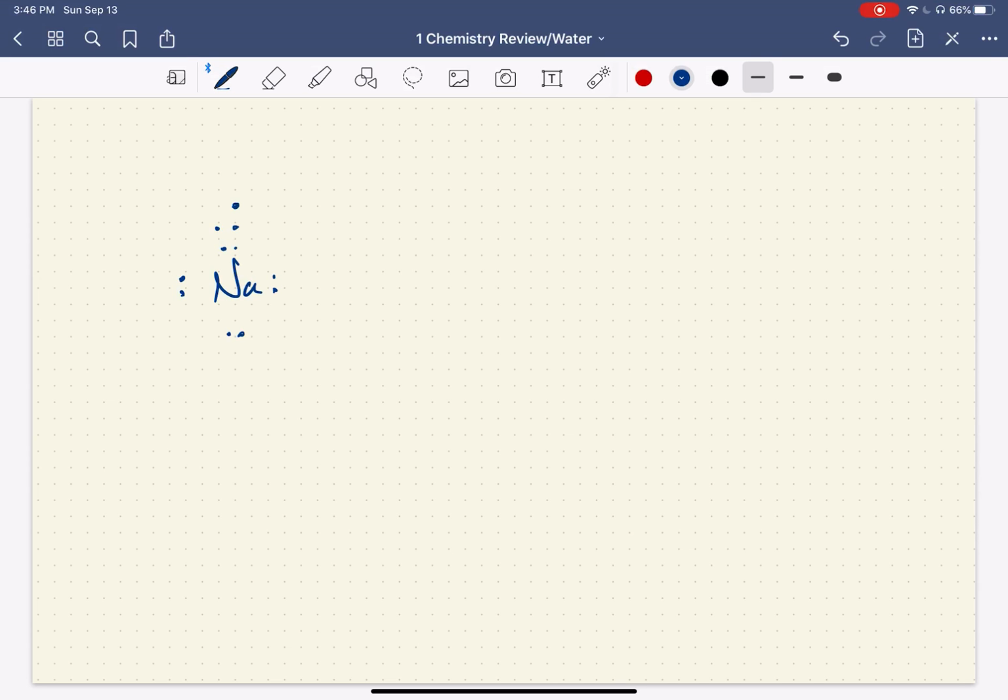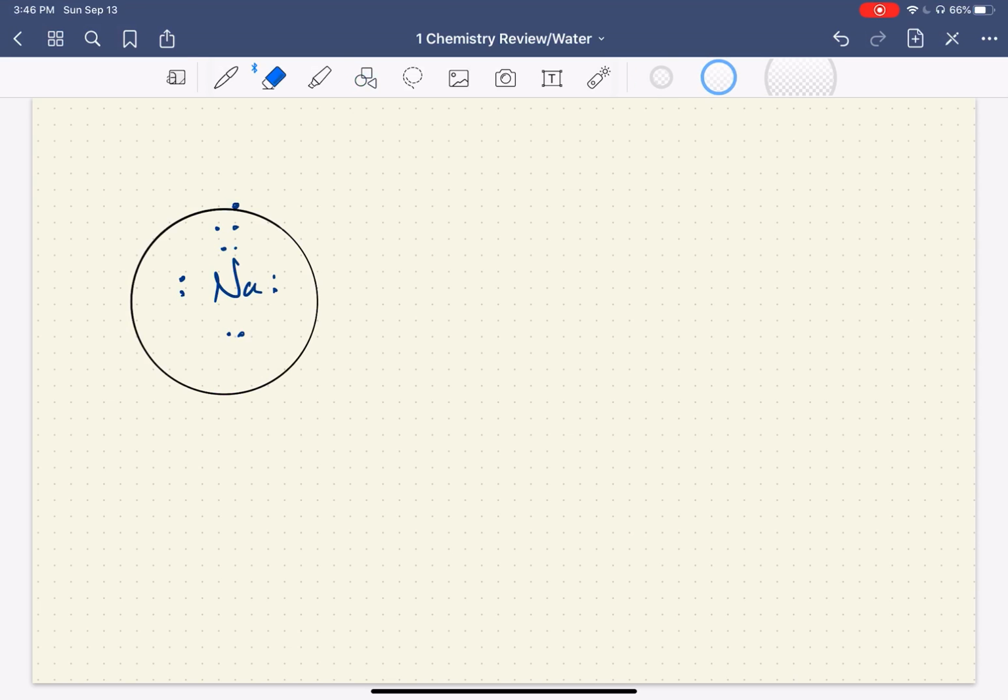And the thing is, sodium would have to completely fill up this outer ring with 7 more hydrogens if it wanted to covalently bond with something else. And it's just not worth it. That never happens.